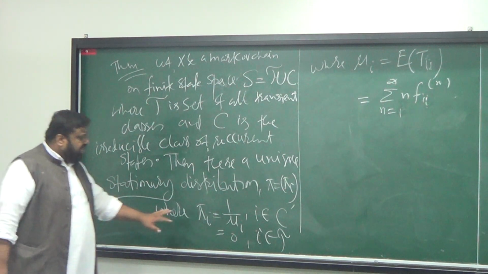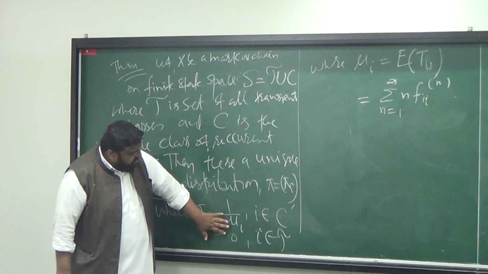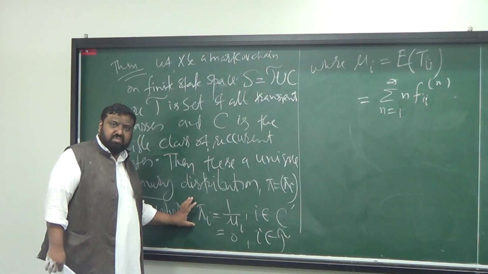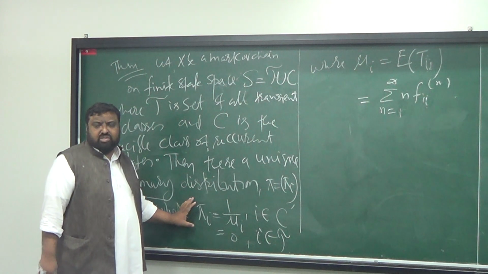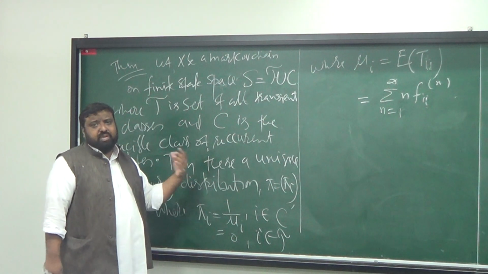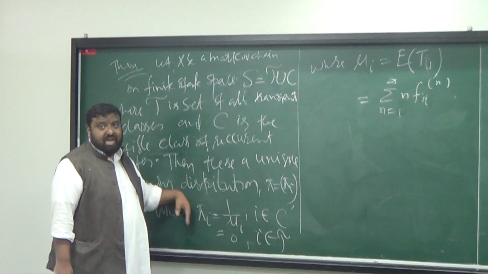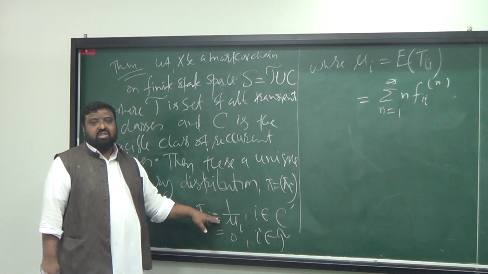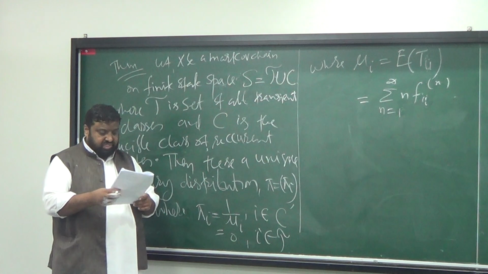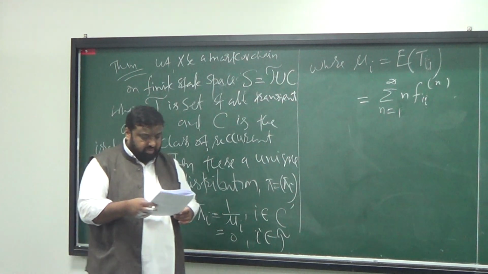We will see that if you know one thing, you can have the other. Usually we go the other way around. When you are solving a practical problem, you compute pi I first, and you deduce these expected return times from the probability distributions.